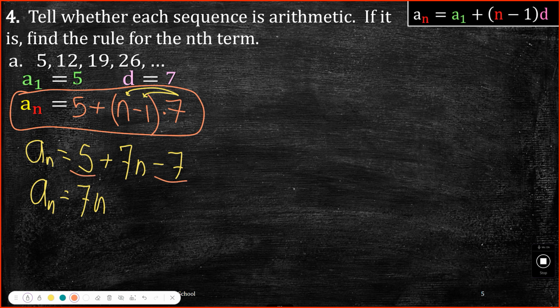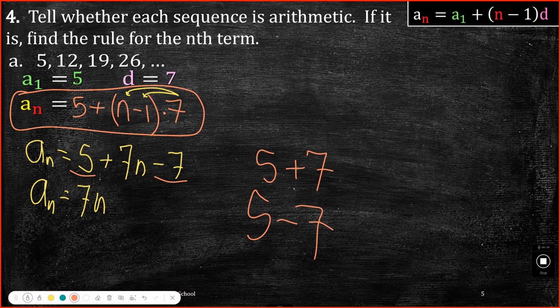What's 5 minus 7? Let me write it down like this for you. Be quiet, everybody. 5 minus 7. Sorry about that, I'm trying to mess you up.